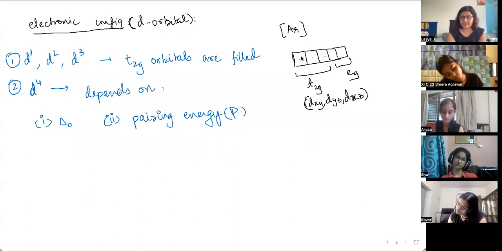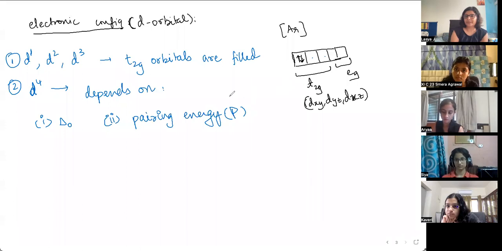If an electron is already in a particular orbital and you want to add a second electron, there are going to be interactions between both of these. So there is some pairing energy involved.